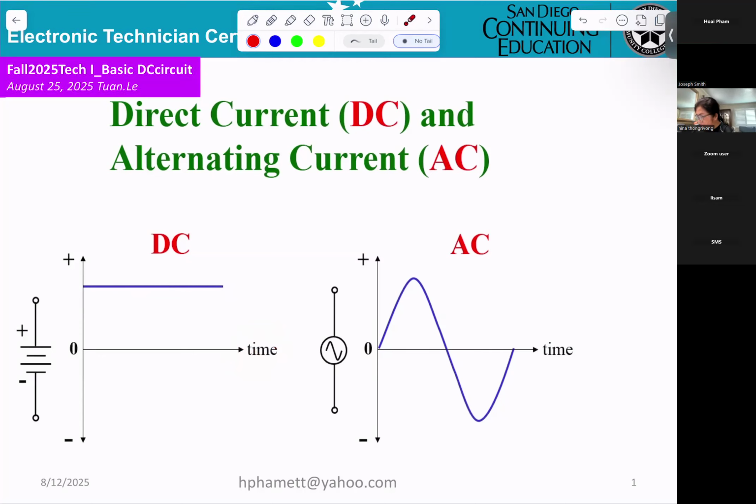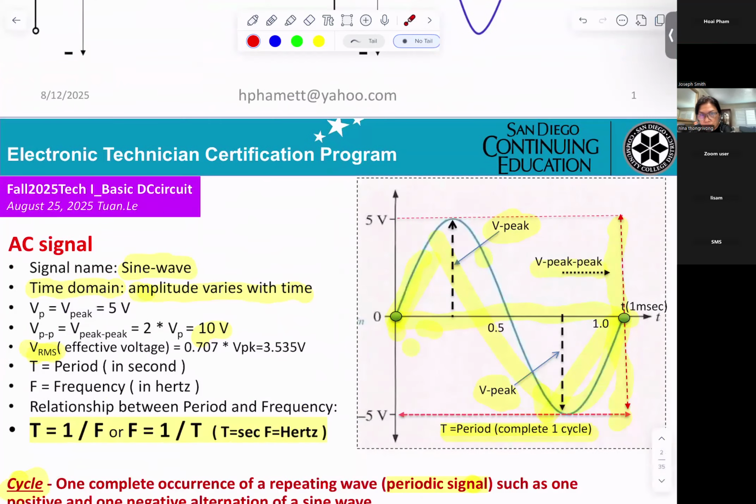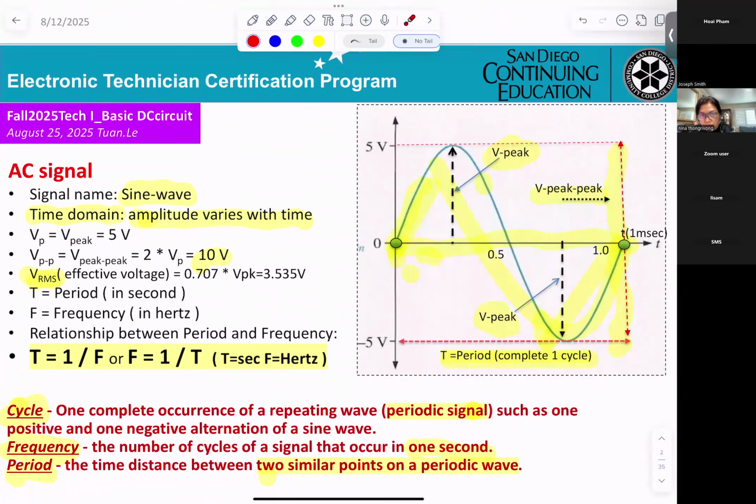That's what they call time domain. AC displays a sine wave, and also the time will be the time domain. Okay, and we already went through that.